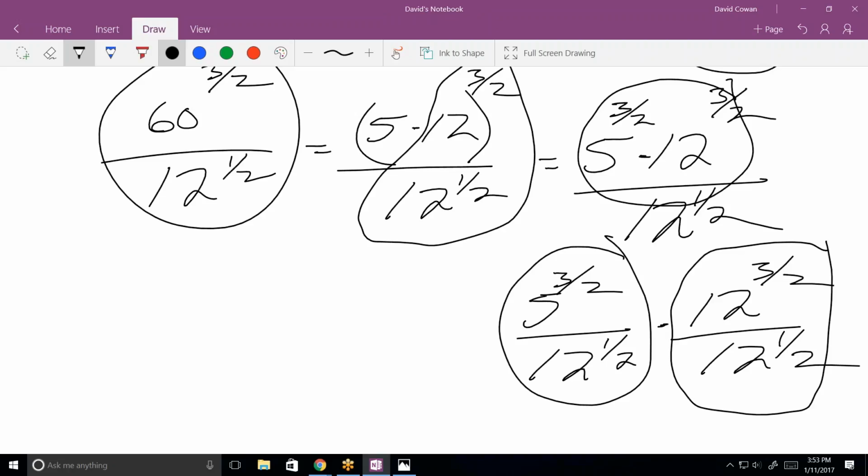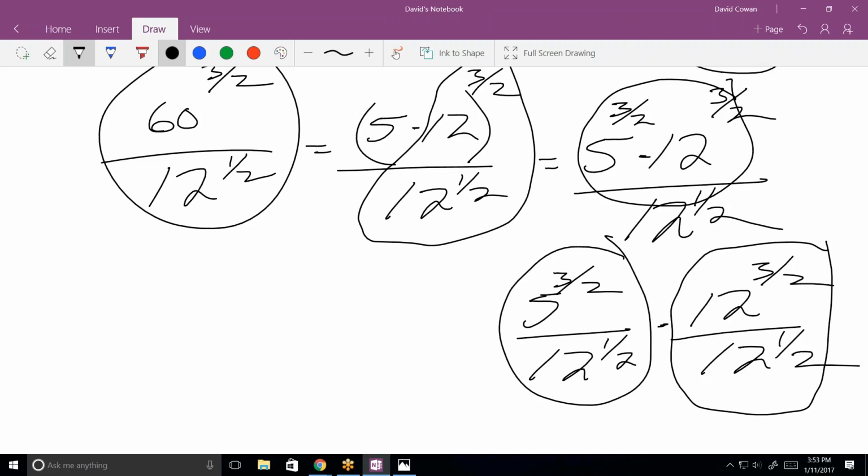In other words, how it was explained to me is that the 60 and the 12 reduced to 5, and you subtract, so it's 3 halves minus 1 half. So it's 2 over 2, which is 1. I don't think you can do it that way, to be honest with you.